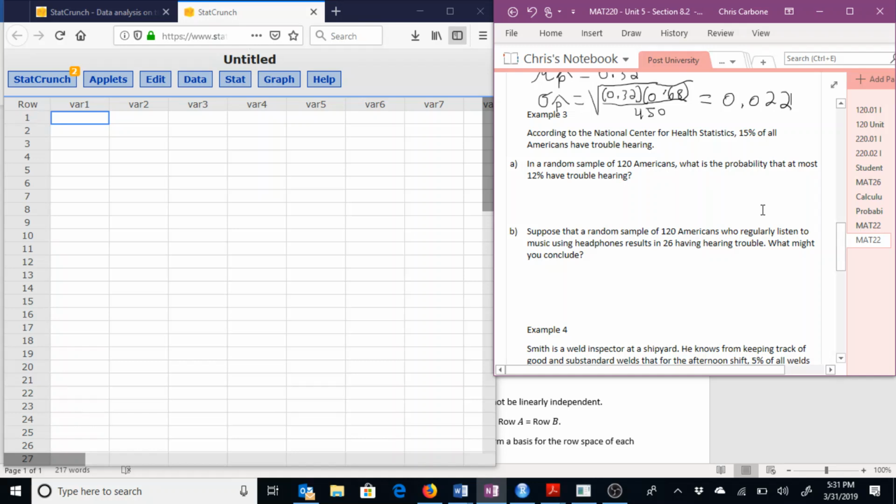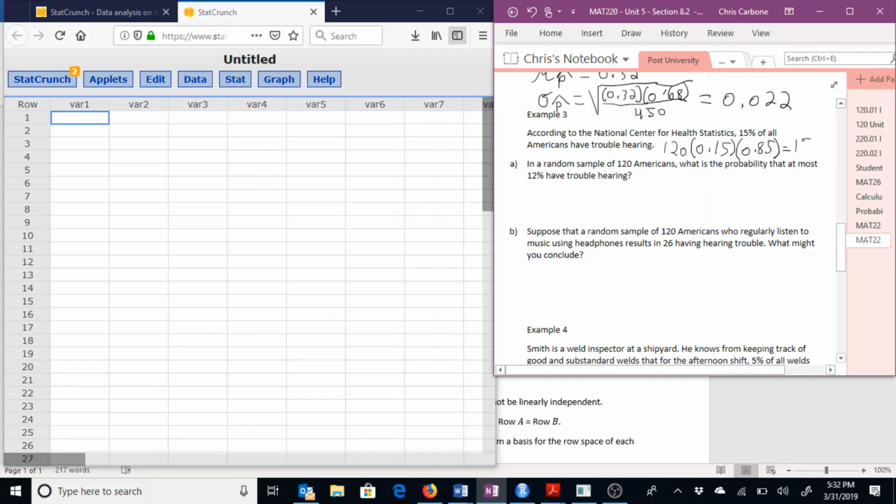So now we could verify the usage of the normal model as 120 times 0.15 times 0.85. And again, we want that number to be at least 10 in order for us to use the normal model. And this gives us a value of 15.3.